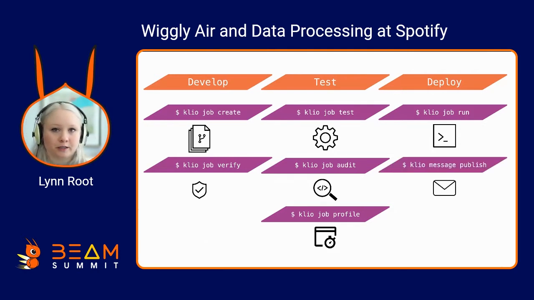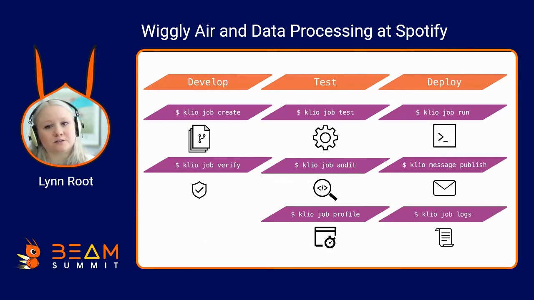And when the job is running, either in Dataflow or Direct Runner, users can then run Clio message publish with the desired audio IDs, and messages will be published to the job's input queue to kick off work. And finally, they can also see job logs locally once it's running on Dataflow via Clio job logs.